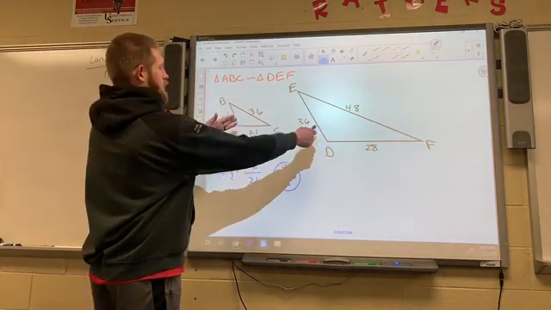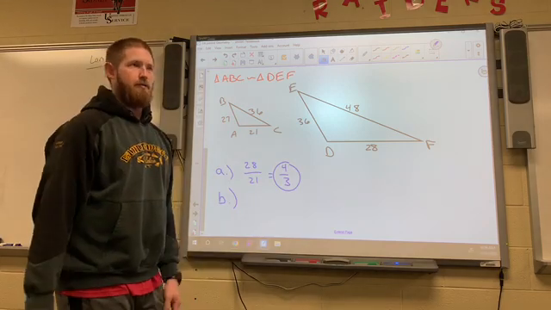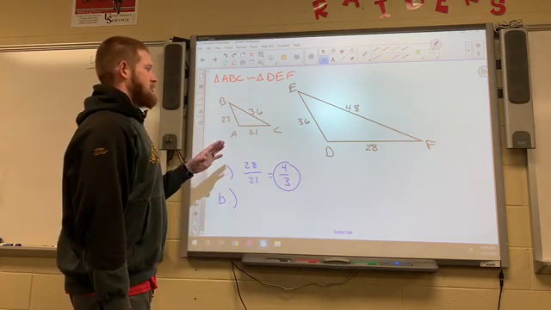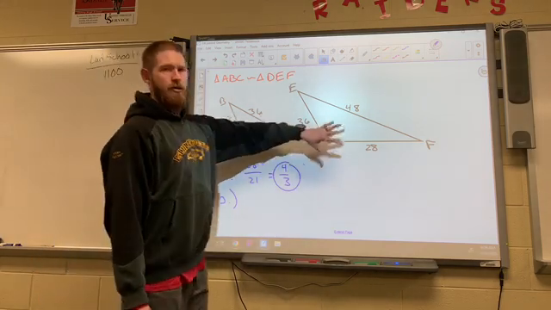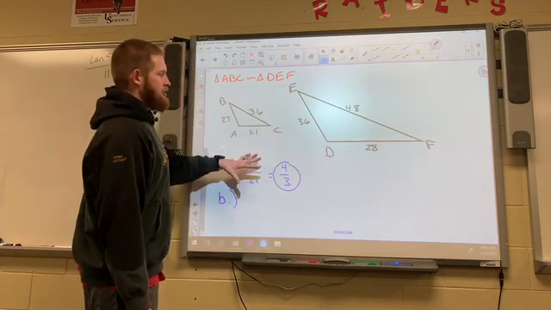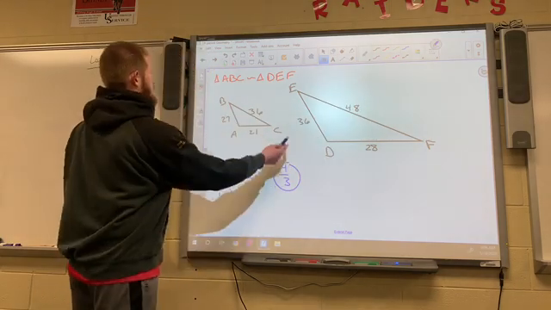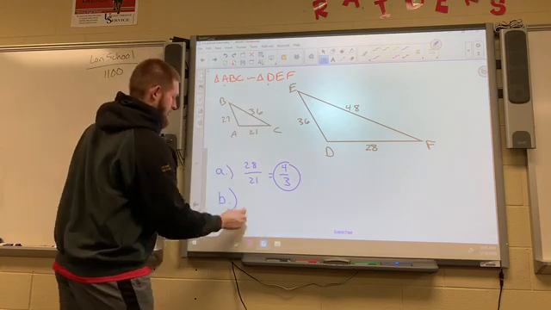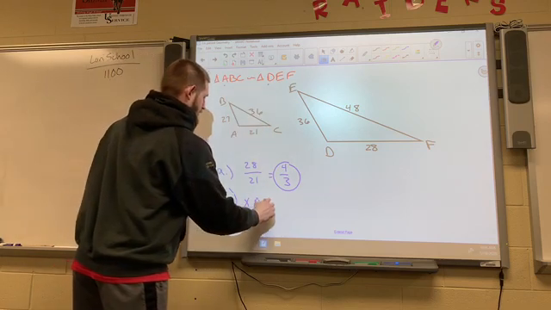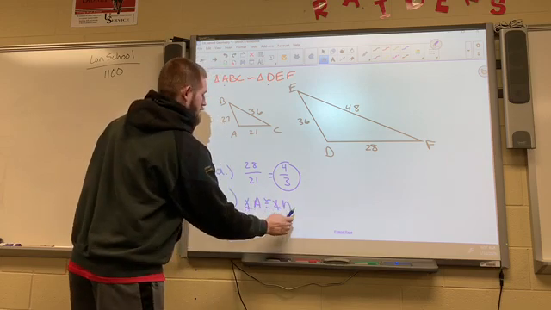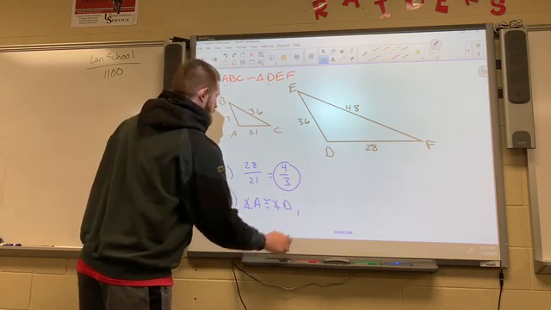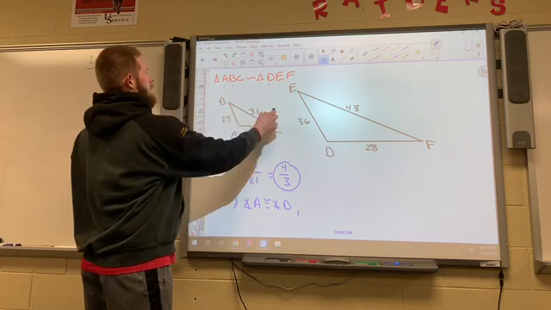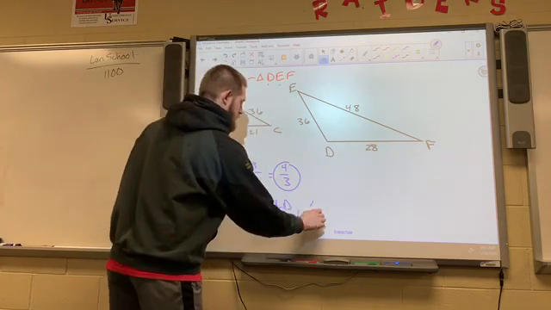The way I have this set up might not be too difficult, but when you start getting crazy shapes and things, don't waste your time with the diagram. If you know these shapes are similar, go right to the similarity statement. A is congruent to D. Angle A is congruent to angle D. Angle B is congruent to angle E.